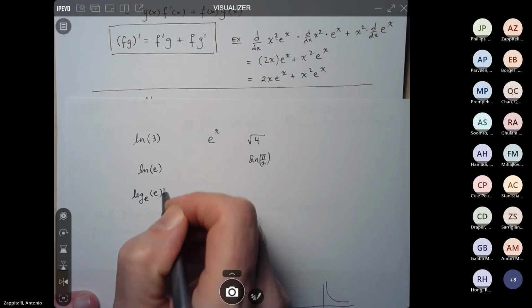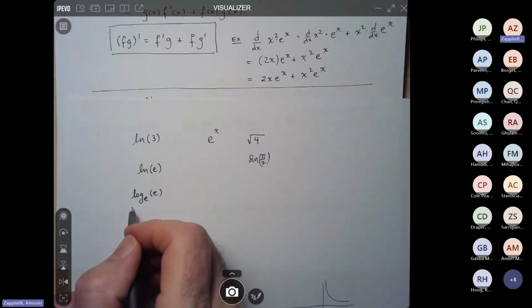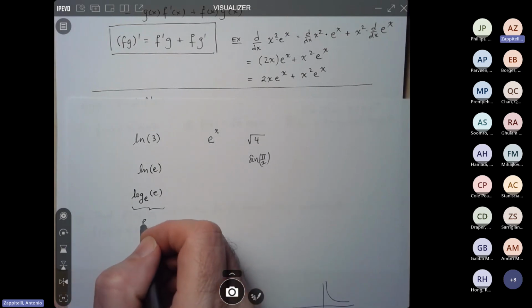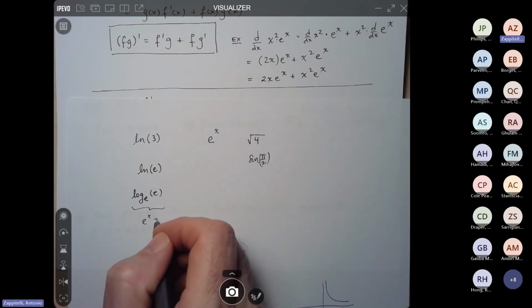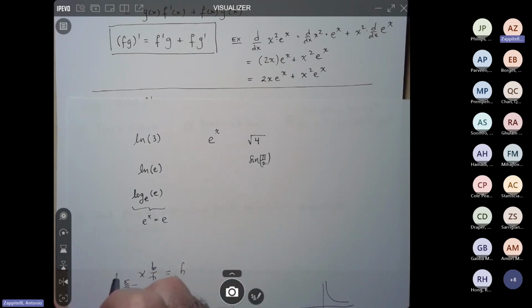Remember what the logarithm represents: the power of the base that's equal to e. Well, what power of e would be equal to e?